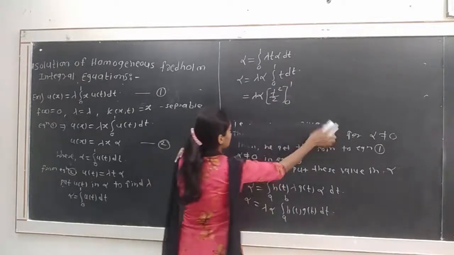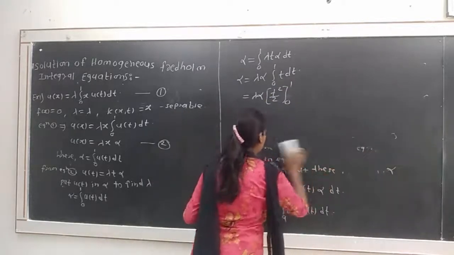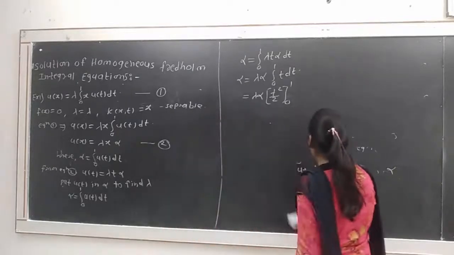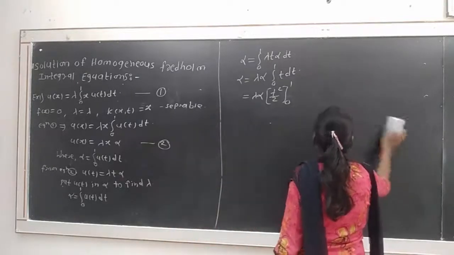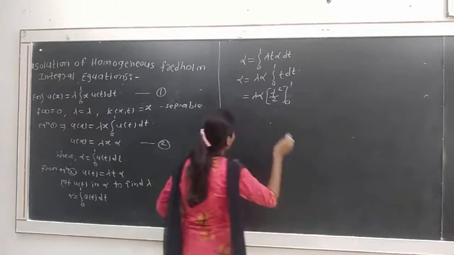Then we put the limits and simplify to get the value of λ, that is the eigenvalue.